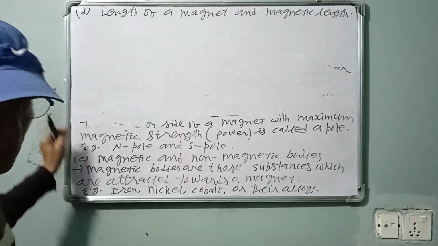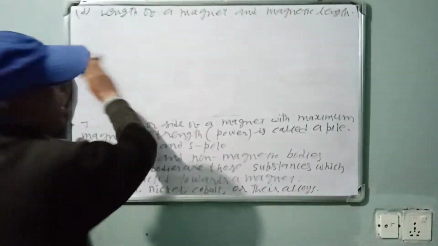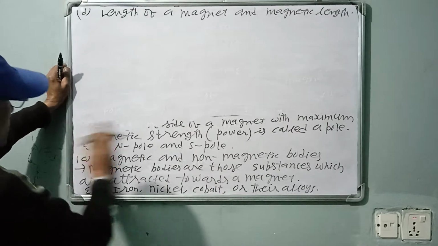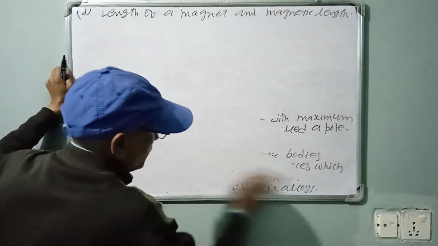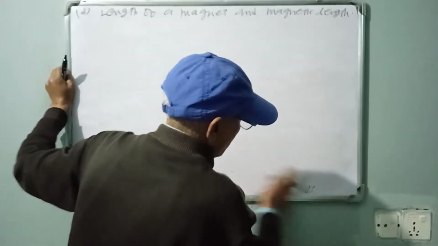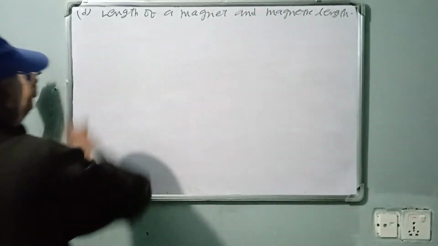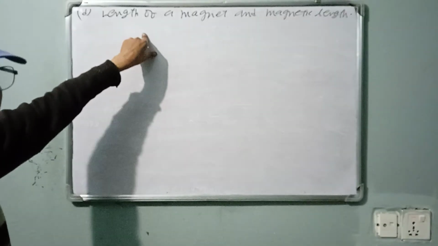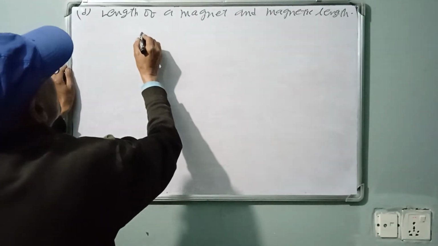You must have a clear-cut concept. To get the clear-cut concept, you should know it. But let me draw for the sake of convenience, length of a magnet and magnetic length.